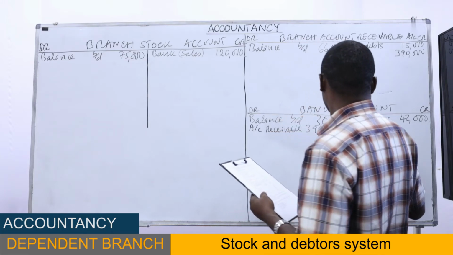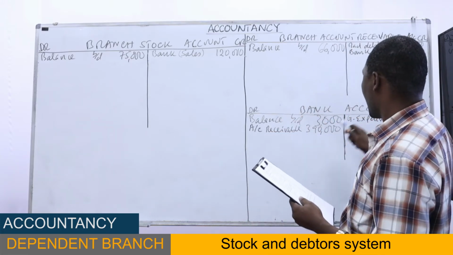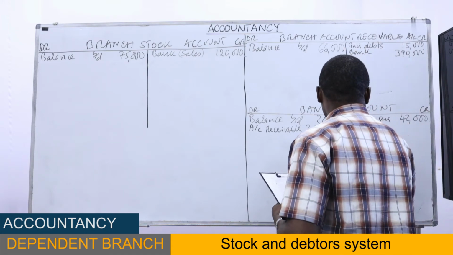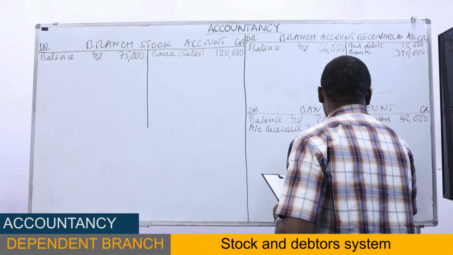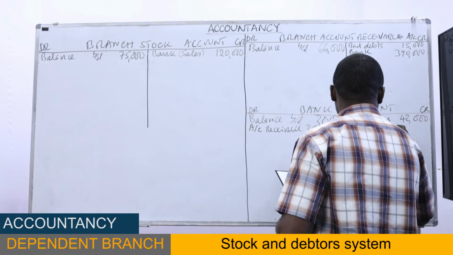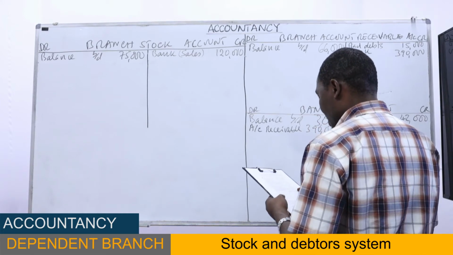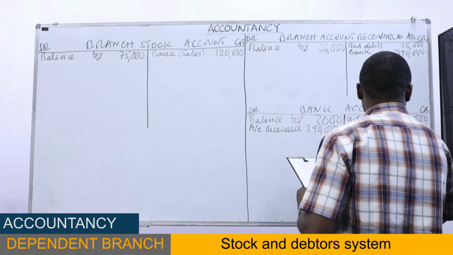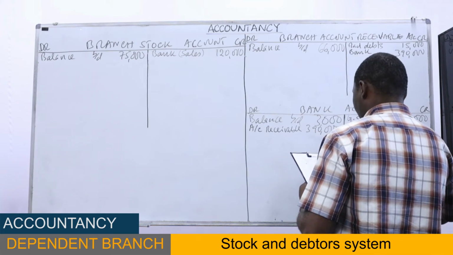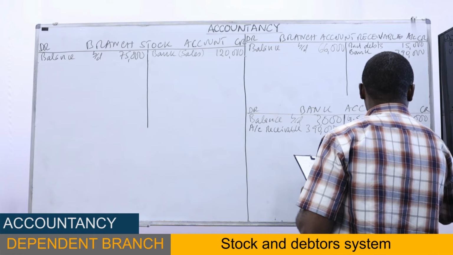For any transfer, we reduce the branch bank account. So we call it head office bank account. It was how much? 459,000.